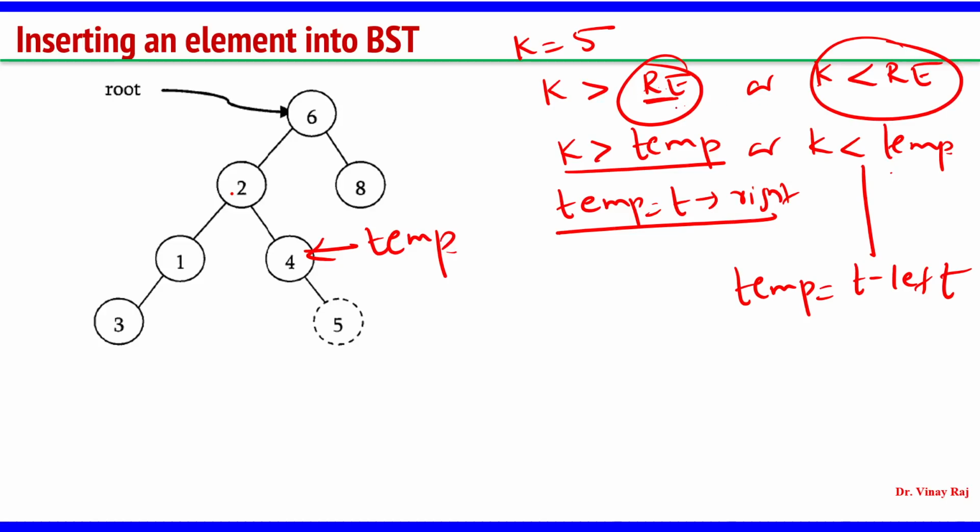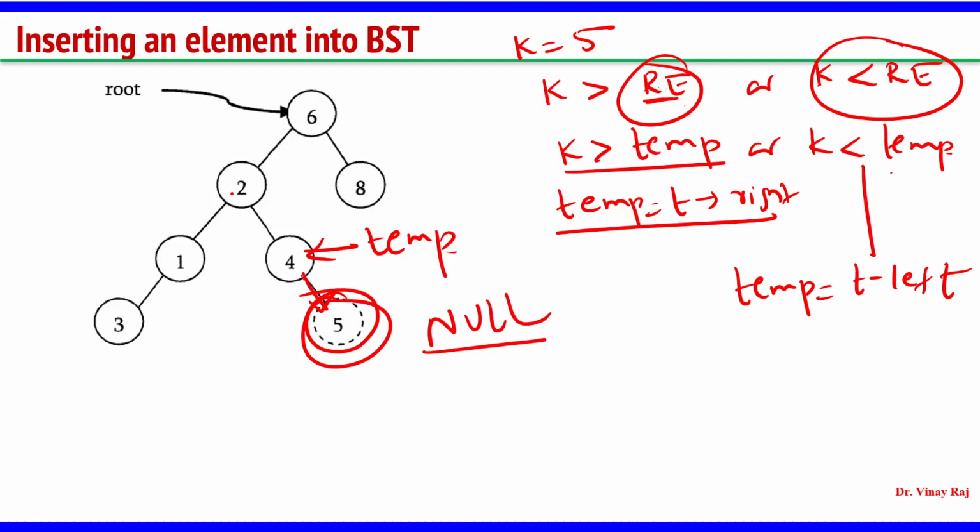It is greater than temp, so you go towards the right side. What do we have on the right side? We have null. When there is a null on the right-hand side, the new node will be inserted there. So this is the logic.